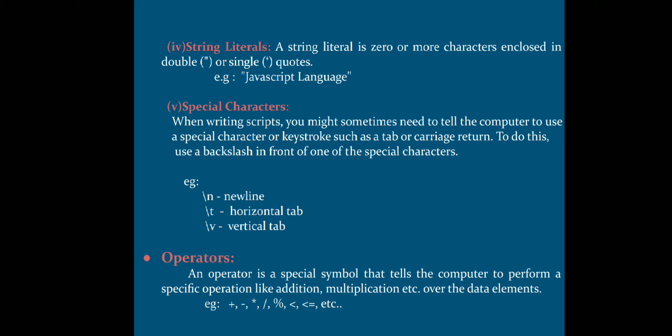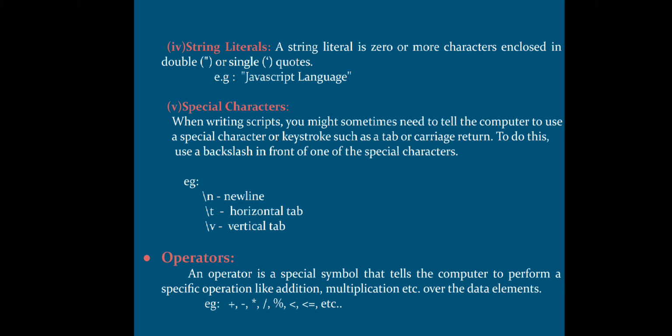Here it consists of one backslash and one character. For example, slash n, which represents new line, slash t, horizontal tab, slash v, vertical tab. So this is about literals.